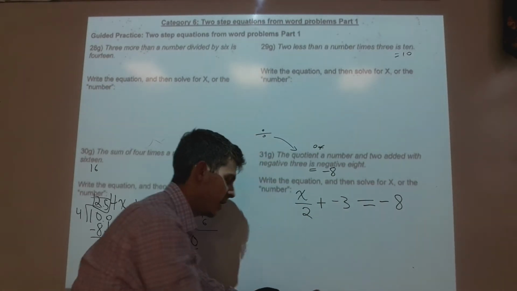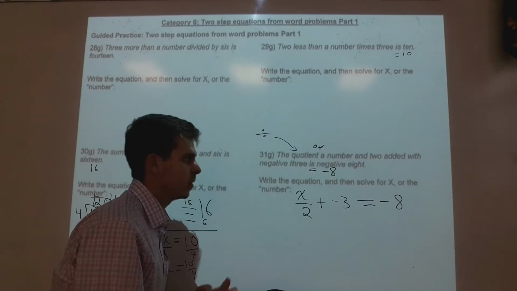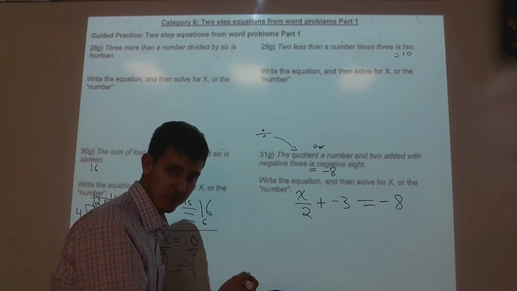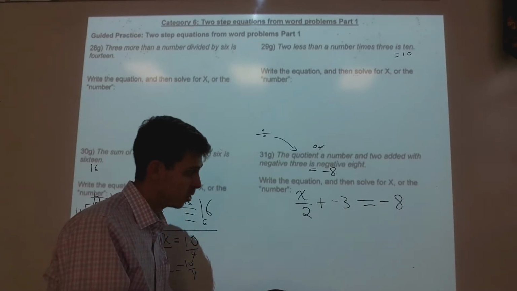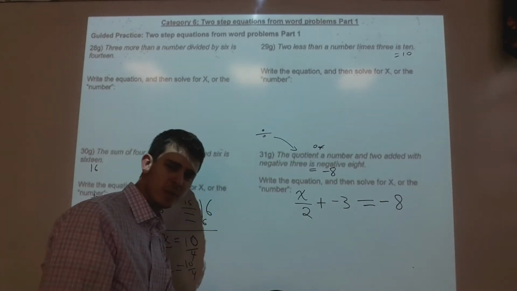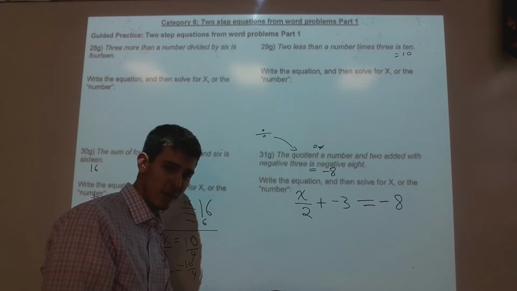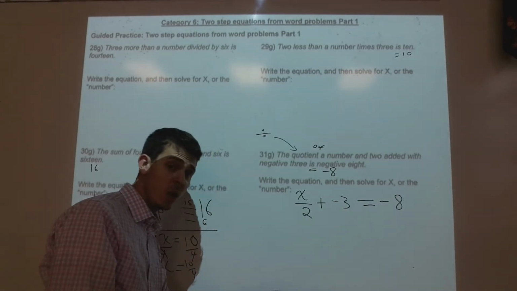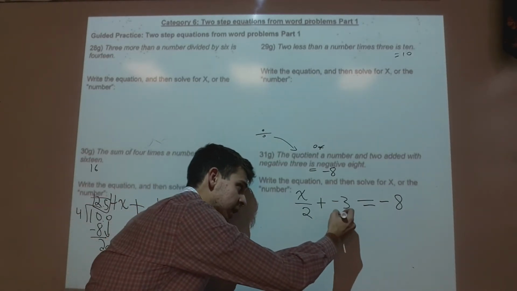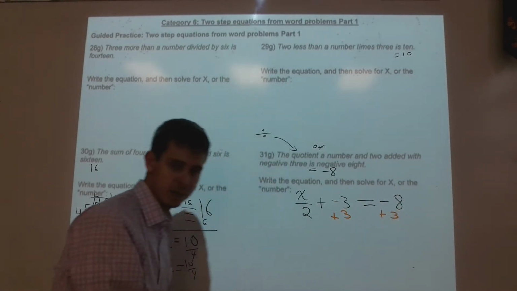I did want to have this because I did want to emphasize adding a negative is the same thing as subtracting. Adding a negative is the same thing as subtracting. That's right. So, am I going to add here or am I going to subtract? That's adding a negative, and that's subtracting a 3. That 3 is negative. It is taking 3 away from this x over 2. So, you better believe I am going to add 3 to both sides.